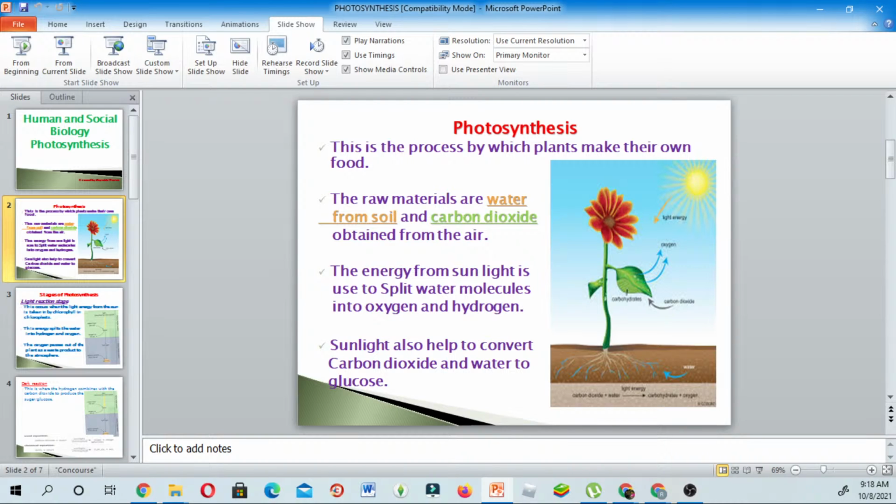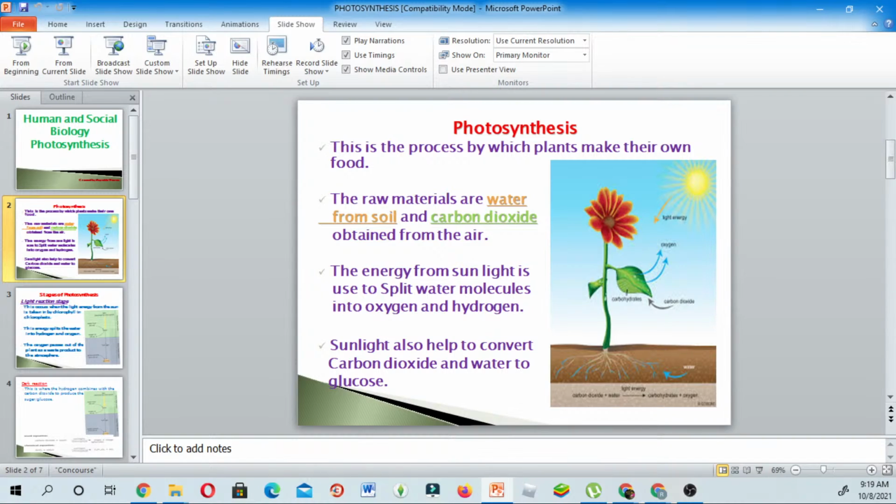The energy that photosynthesis requires comes from the sunlight, which comes from the sun. So they are saying that the energy from sunlight is used to split water molecules into oxygen and hydrogen. Remember that water would be one of the raw materials, and of course the water will be obtained from the soil. So the root of the plant is what absorbs or takes up the water from the soil.